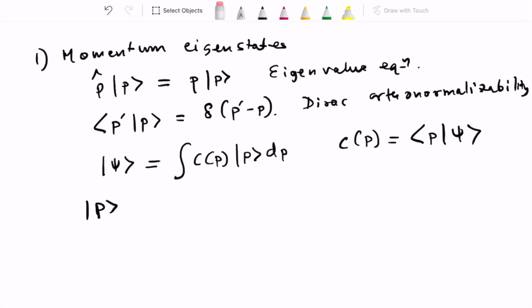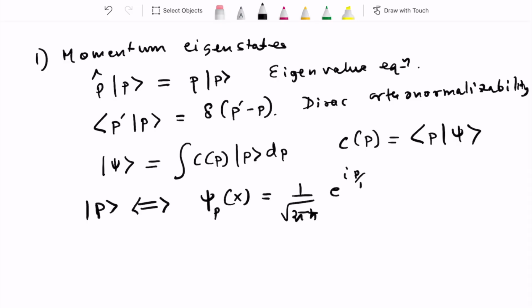And in the position space, this eigenstate is given by this relationship: psi_p(x) equals 1 over the square root of 2 pi h bar, times e to the power of i p x over h bar. So this is in position space.